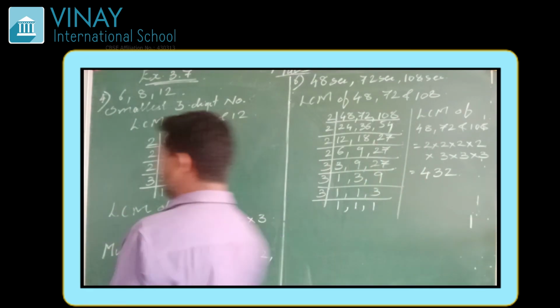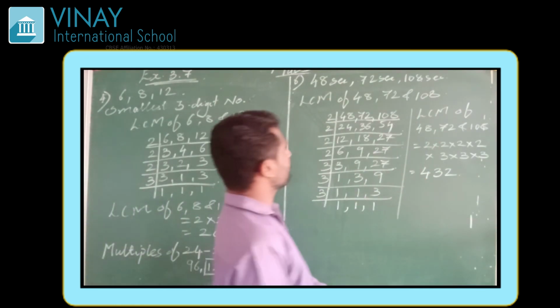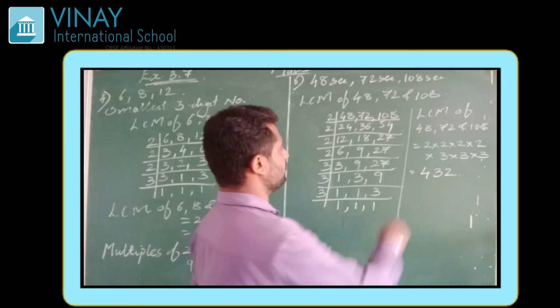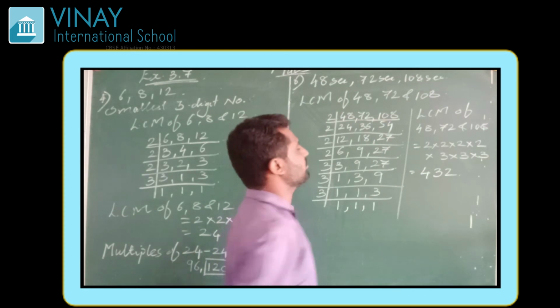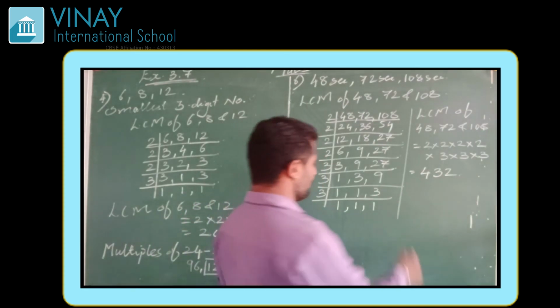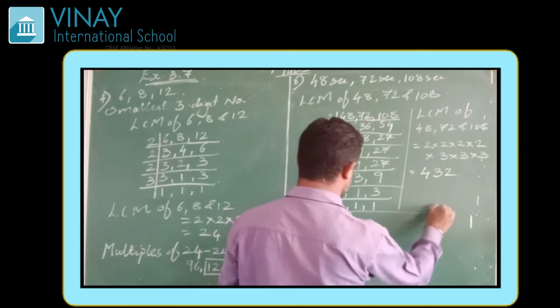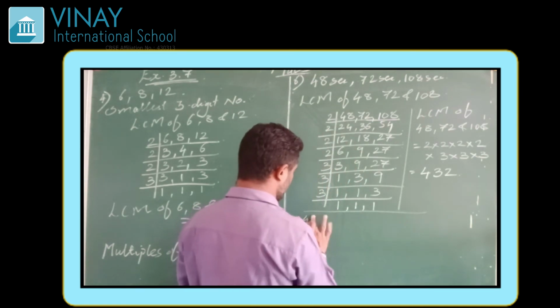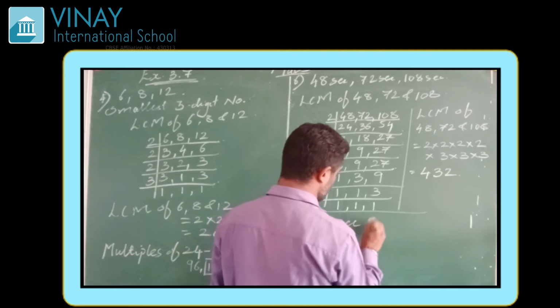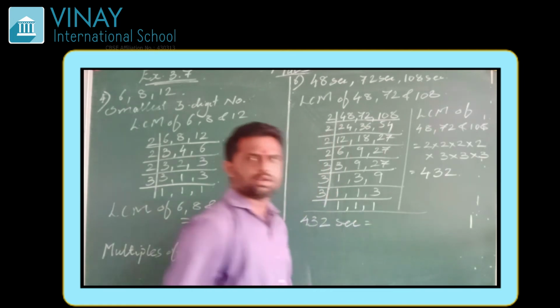Here it is 432 seconds. It means that this traffic light will again come together after 432 seconds. Now we need to convert this 432 seconds into minutes.